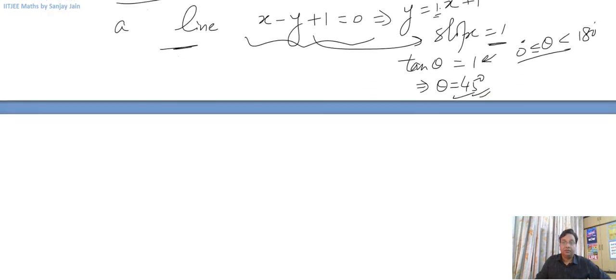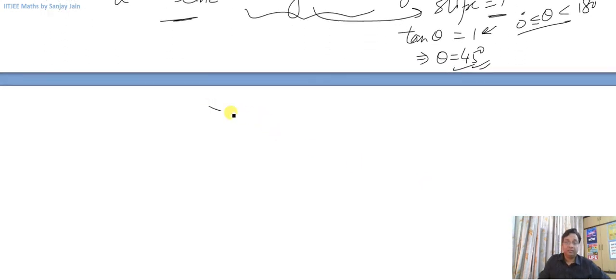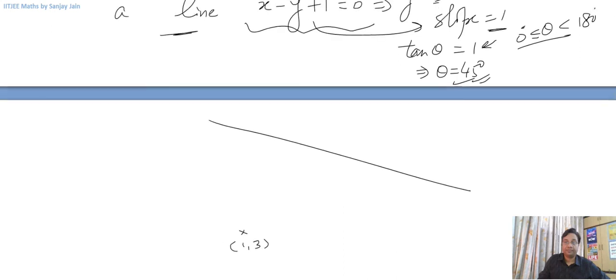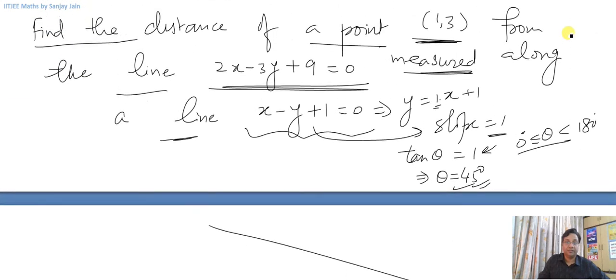Right? So what we are supposed to find is, we are given this line and this point. This point is (1, 3), right? And this line is 2x minus 3y plus 9 equal to 0.